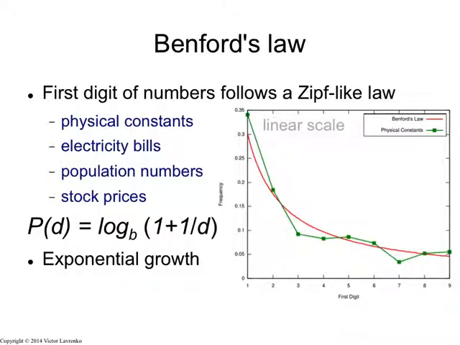So imagine populations, city populations, or if you prefer, populations of rabbits. You start with 2 rabbits, and before too long you have 4 rabbits, and before too long you will have 8 rabbits, and 16 rabbits, 32, 64, and so on. That is a quantity that grows exponentially with time.